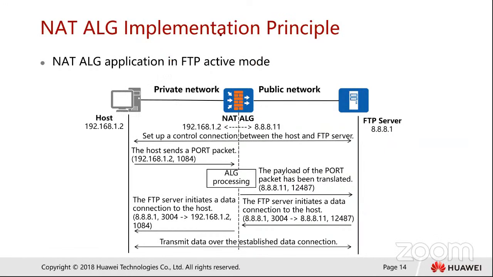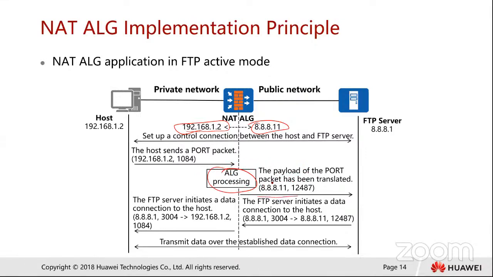For the NAT ALG application FTP mode, you have your implementation principle. You look at the source IP address, which is being translated into the public IP address. You set up a control connection between the host and the FTP server, and then the host will send a PORT packet, and then ALG processing will start, and the payload of the PORT packet is translated.